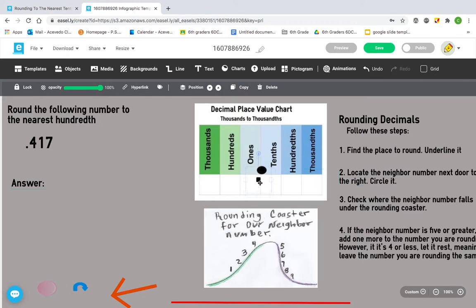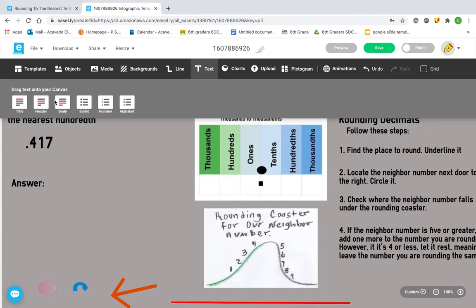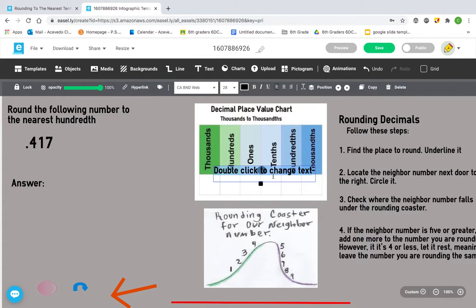So the decimal symbol goes between the ones and the tens. Then I write my 4 right after the decimal symbol, and my 1 right after the 4.